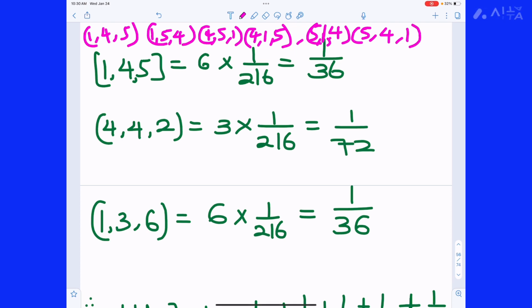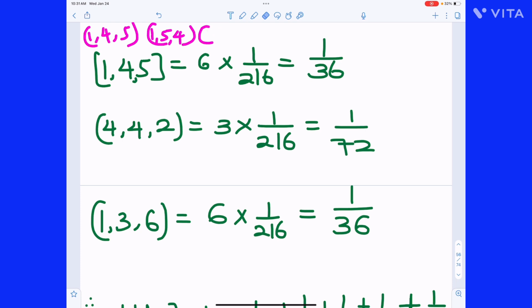That's 6. So those are the 6 different ways of getting a total score of 10 with the numbers 5, 4, and 1.